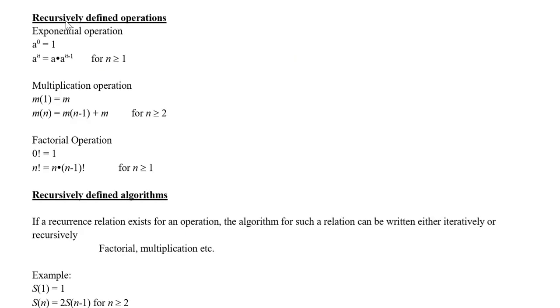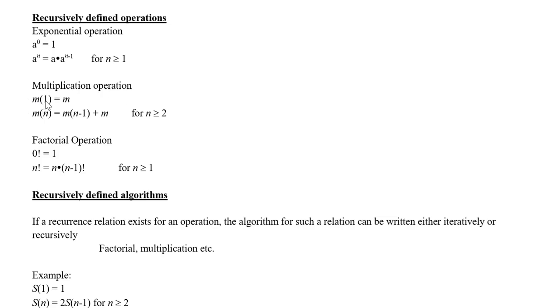So let's look at recursively defined operations, such as the exponential. Like 2 to the power of n: first we know 2 to the power of 0 is 1, so 2 to the power of 7 will be 2 times 2 to the power of 6, and 2 to the power of 6 will be 2 times 2 to the power of 5, and so on. The multiplication is the same way.